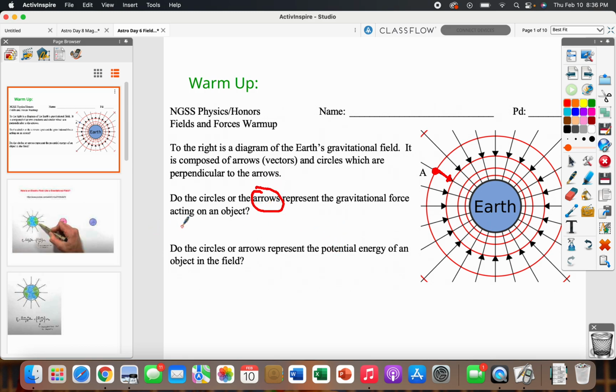And so one way we can look at this is we can say that the gravitational field shows the direction of force, right, on any mass.